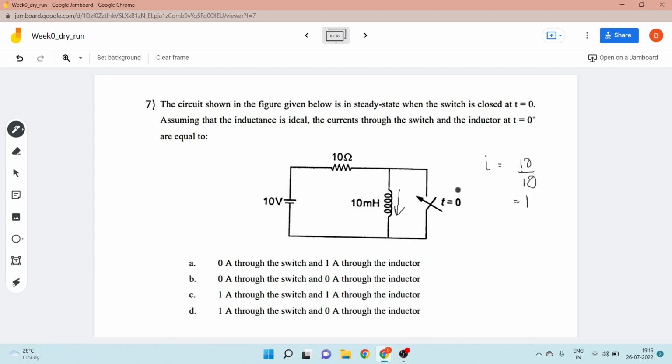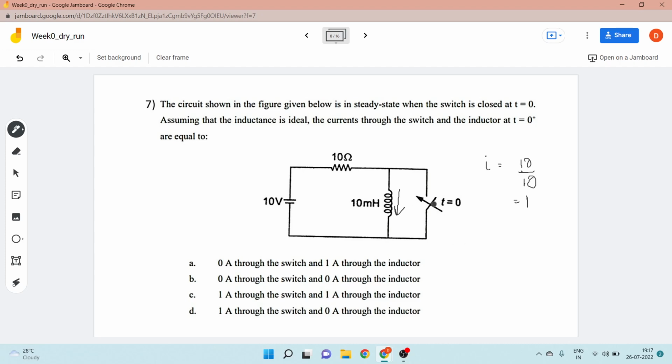Now as soon as the switch is closed, the current across the inductor does not change instantaneously. It changes only after a small fraction of time has passed.